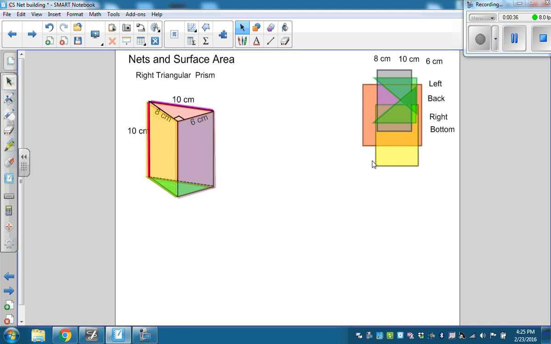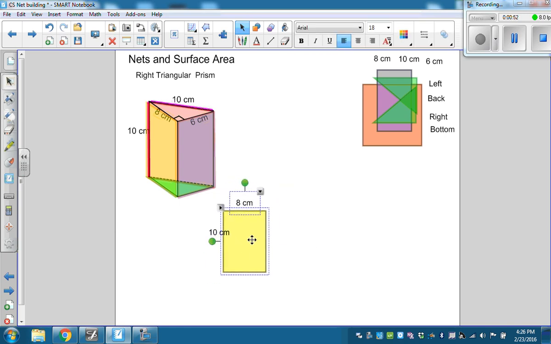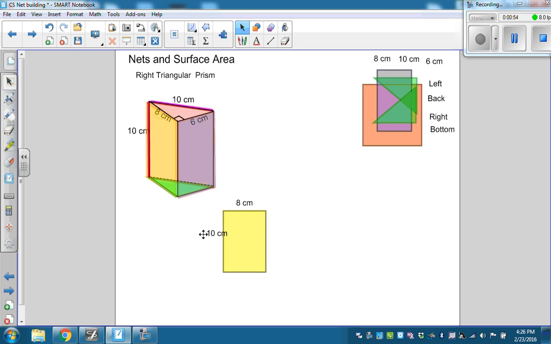So if I build this from the left, I can take the left side, which is a rectangle, that's 8 by 10 centimeters. I'm going to move that just a little bit over. And if I imagine unfolding this next to the left side, I have this purple rectangle, which we'll call the right side.